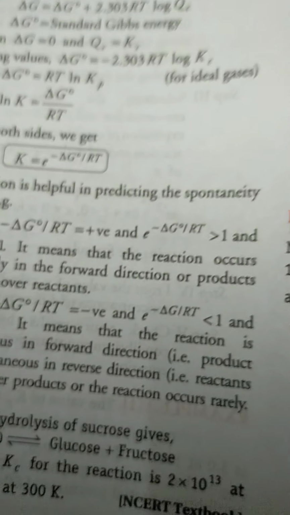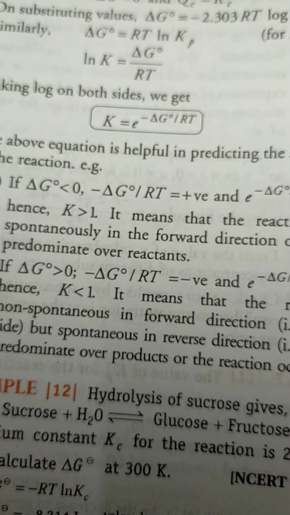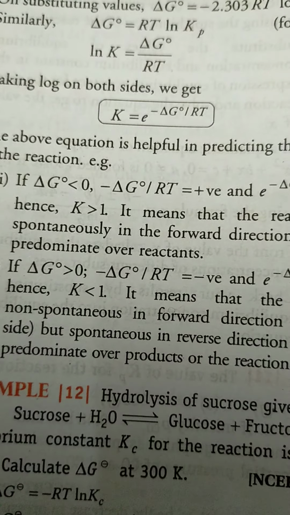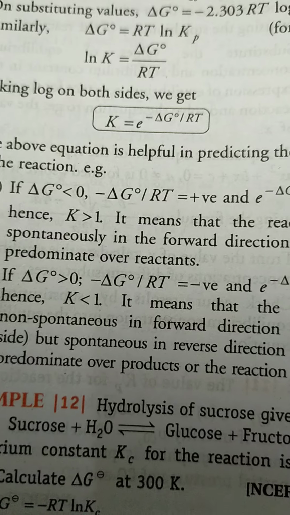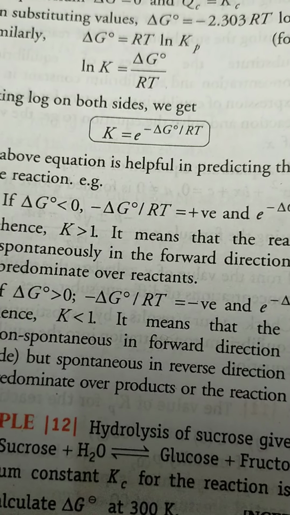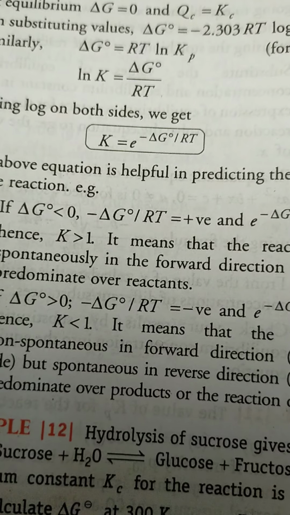It means the reaction occurs spontaneously in the forward direction, or products predominate over reactants, when K is more than 1.